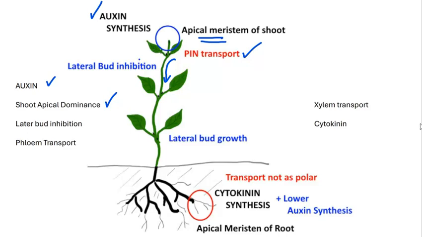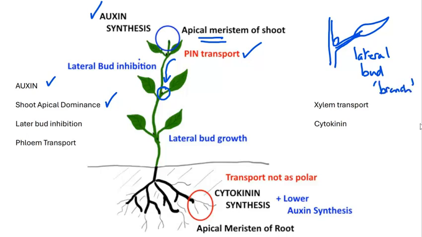And we can see that here in the apices, in the angle between the stem and the petiole of the leaf, there is what is called a lateral bud. And in effect, the growth of the lateral bud creates a branch.